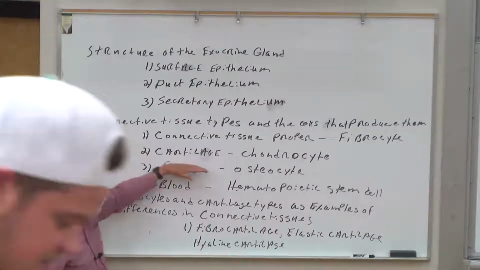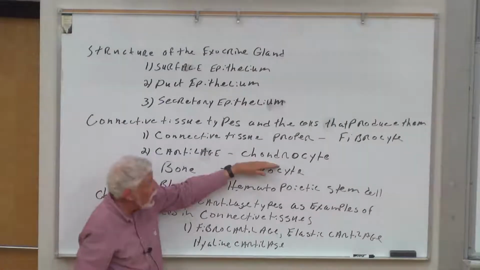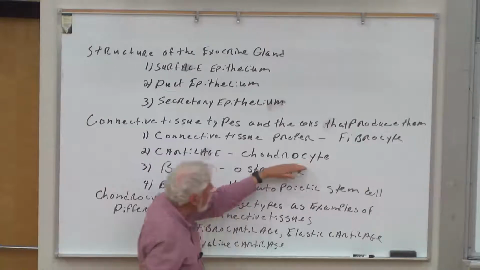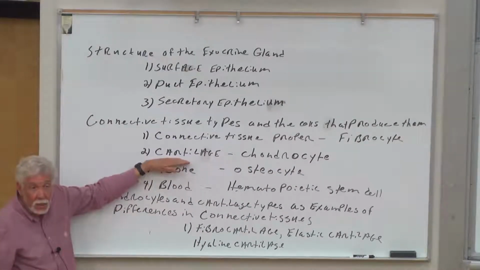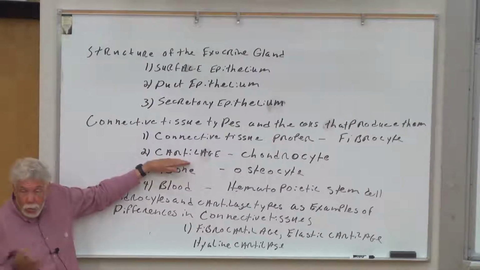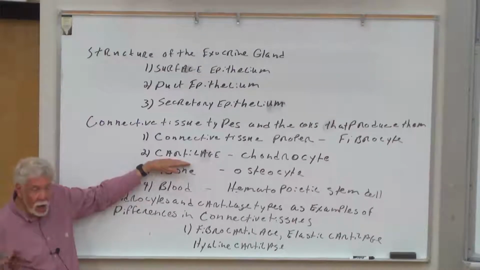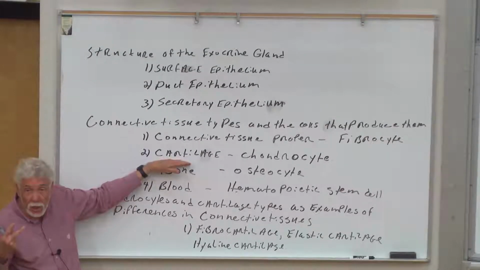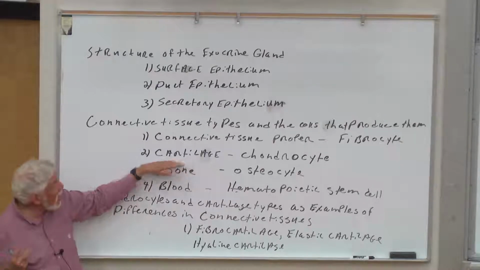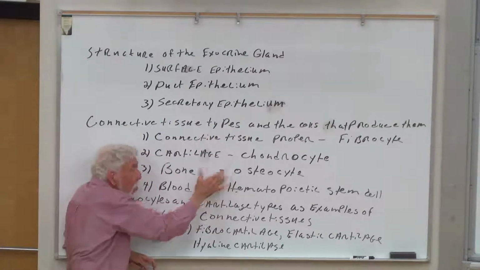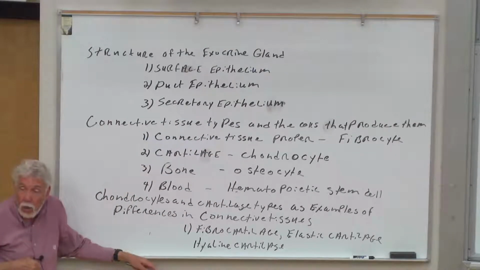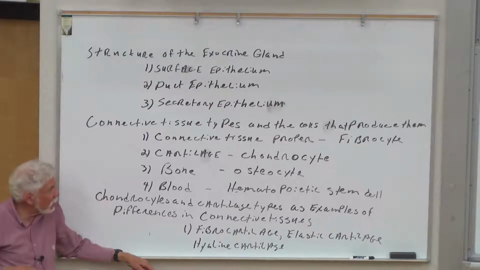And we'll distinguish one kind of cartilage from the other, not by the cell type that secretes them, but rather by the proteins that the chondrocyte has secreted. So we'll see there's fiber cartilage, which is rich in collagen, elastic cartilage, which is rich in elastin, and then hyaline cartilage, which is enriched for something called GAGs, or glycosaminoglycans.